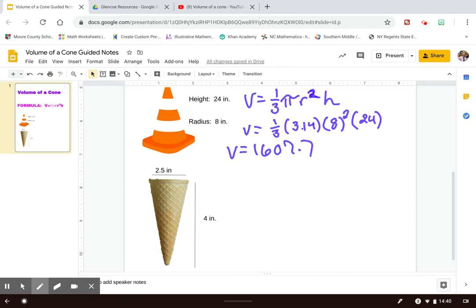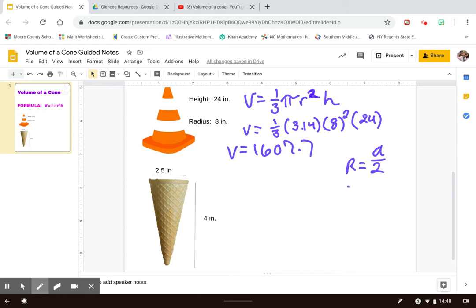Now, if we look at the next cone, the ice cream cone here, I have a height of 4, but this time I have a diameter of 2.5. So yesterday I told you we were going to get more into diameters today. So let's remember that when we look at a diameter, a radius is the diameter divided by 2, or half of my diameter.